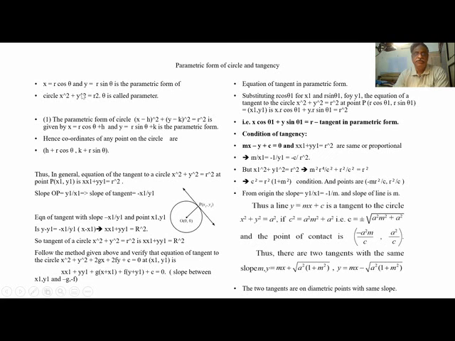Here the center is 0, 0, the origin. But here we have center h, k. In that case, the parametric form is h plus r cos theta, k plus r sin theta, because we want it in terms of theta.